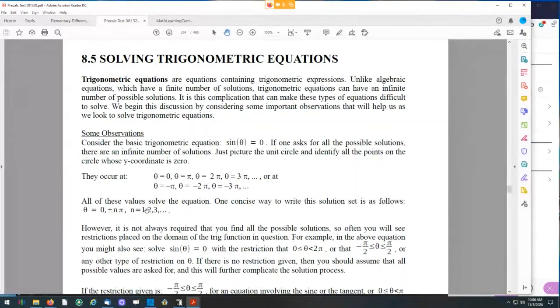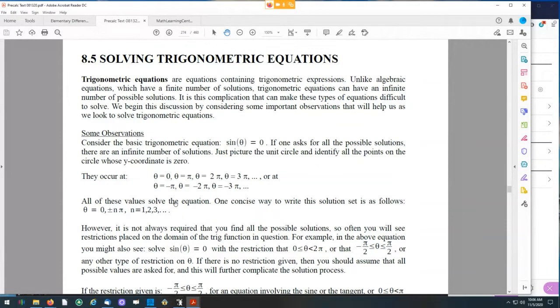Oftentimes you only want solutions in a smaller range of possible solutions. For example, you might set a restriction on where you want to find your solutions. Maybe the restriction is between 0 and 2 pi, inclusive of 0 and not inclusive of 2 pi. Or maybe it's between minus pi over 2 and plus pi over 2.